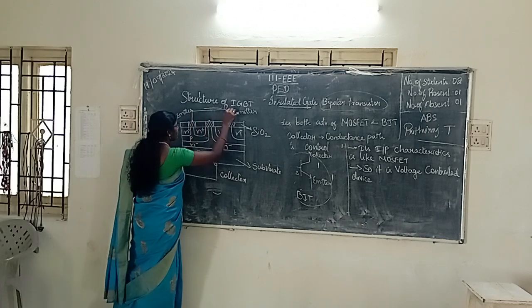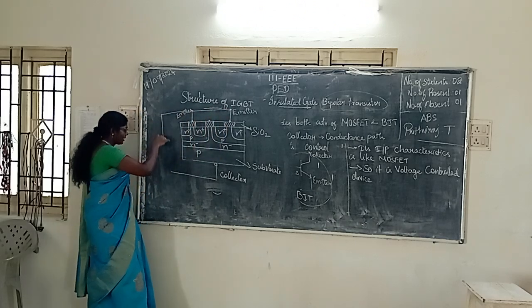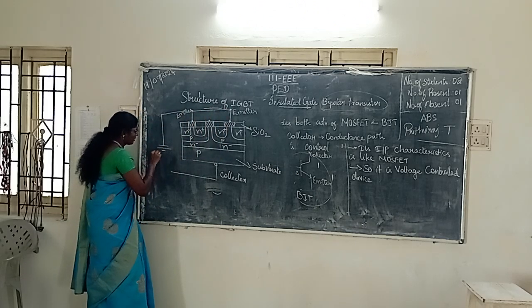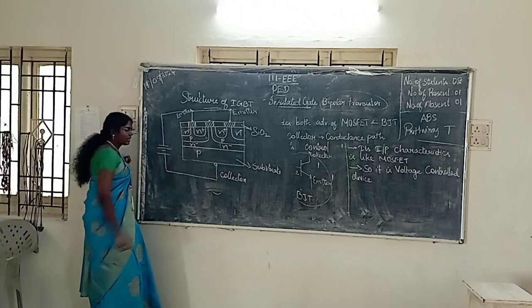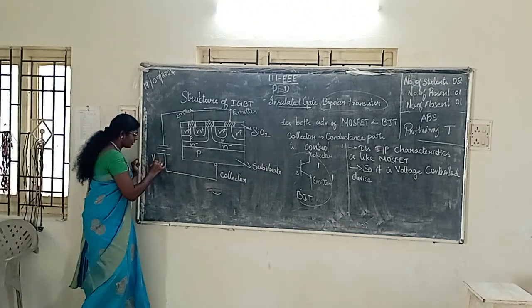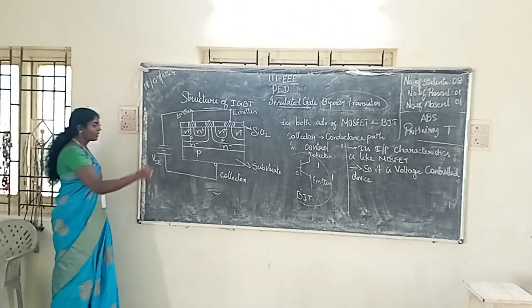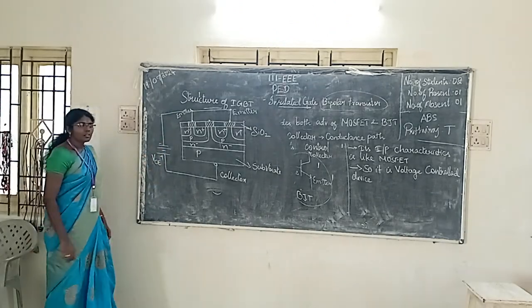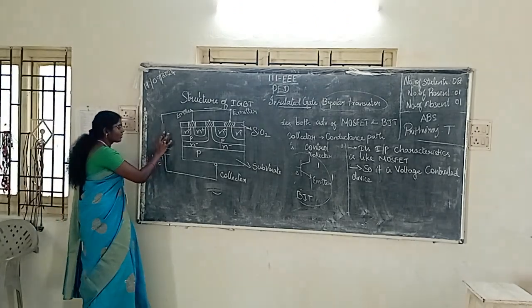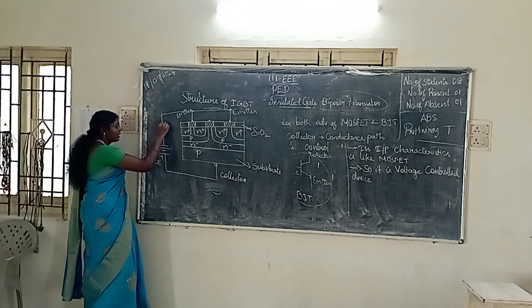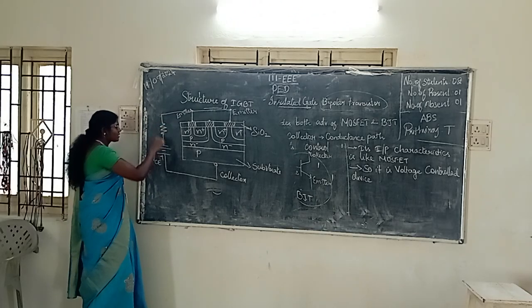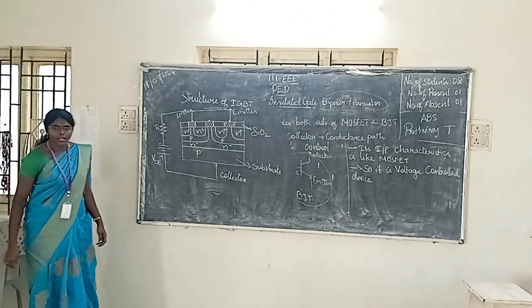So we can join these two terminals and take it as the emitter, collector, voltage source VCE. Okay, minus plus. A resistor will be added to limit the current.